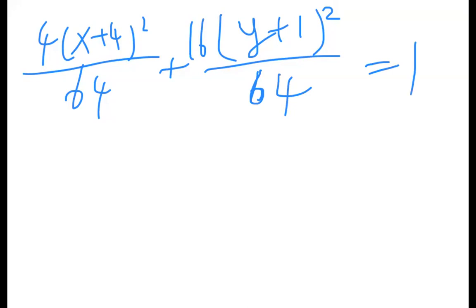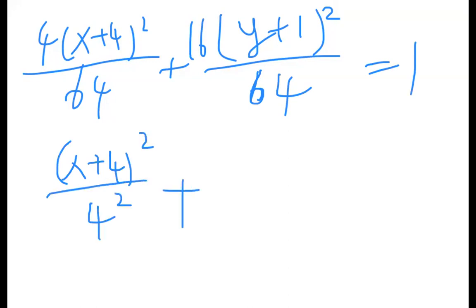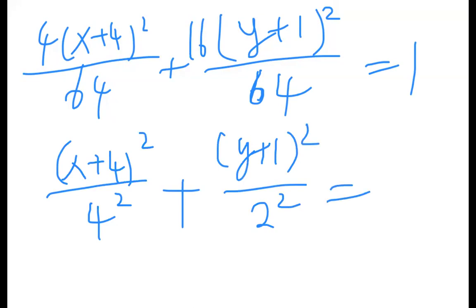Okay. 64 divided by 4 is 16, which is 4 squared. 64 divided by 16 is 4, which is 2 squared. So now this is the standard form.